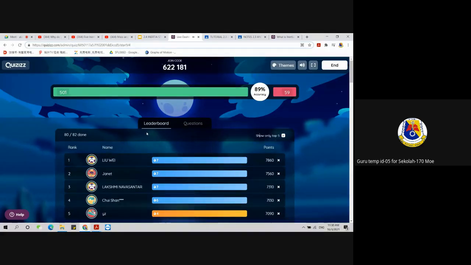You can write in the chat box also. You can try to answer while waiting for others to complete.